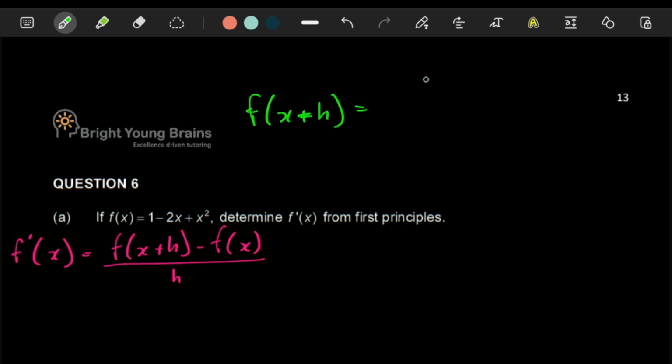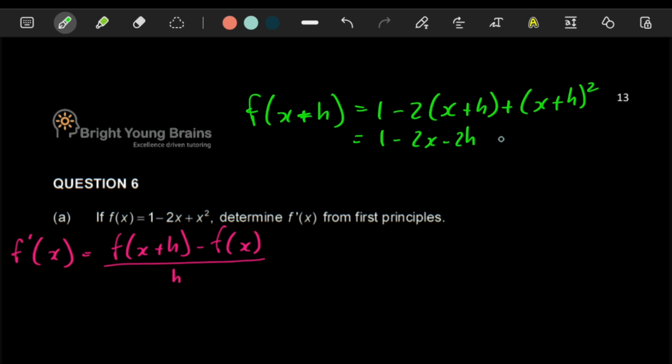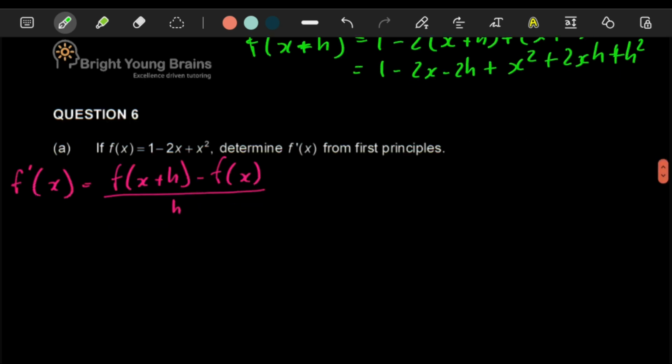So here we're going to have 1 minus 2 times x plus h, and then here it's x plus h, the whole thing squared. And it's 1 minus 2x minus 2h, and then plus x squared plus 2xh plus h squared. This is as simple as it gets. You cannot do anything to this expression. It's already in its simplest form.